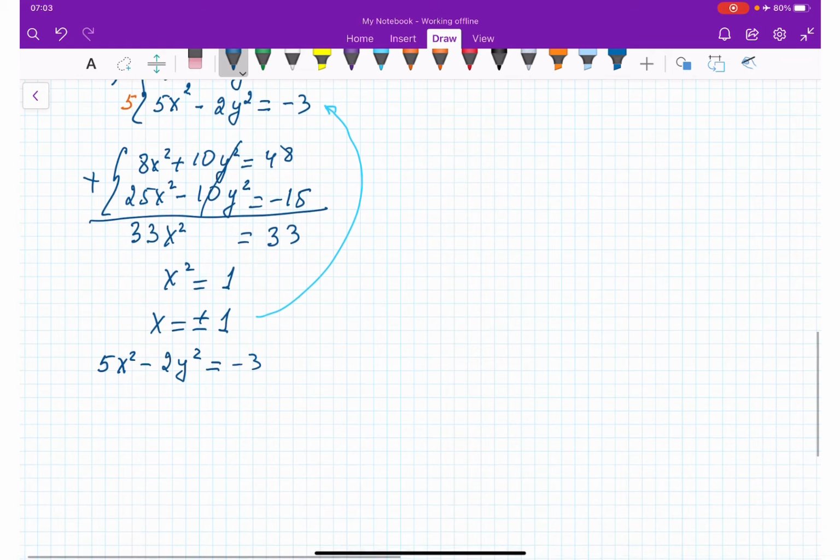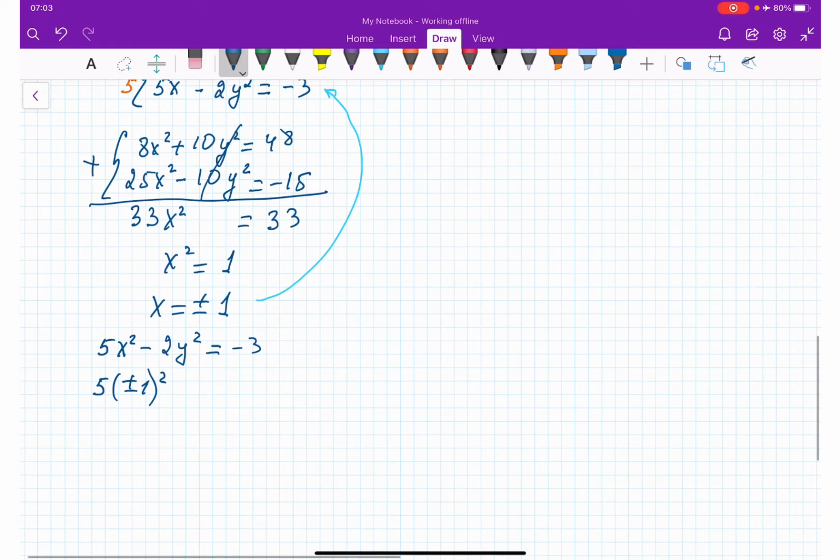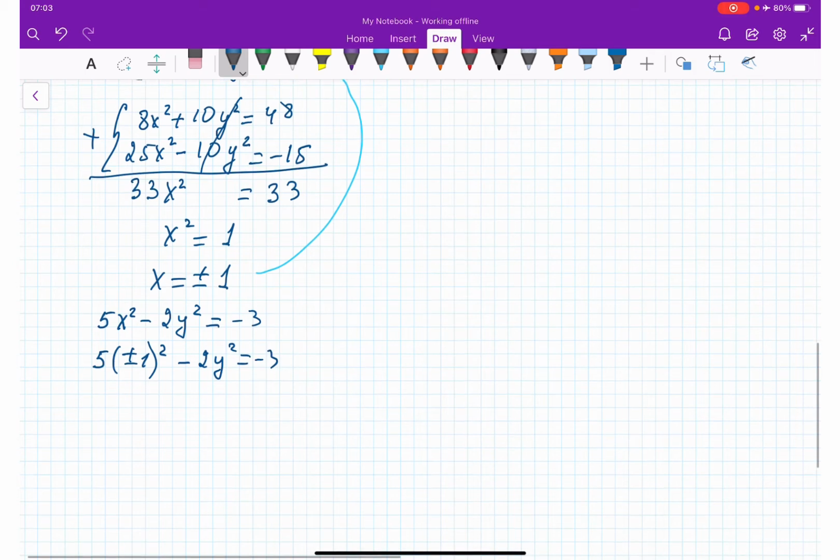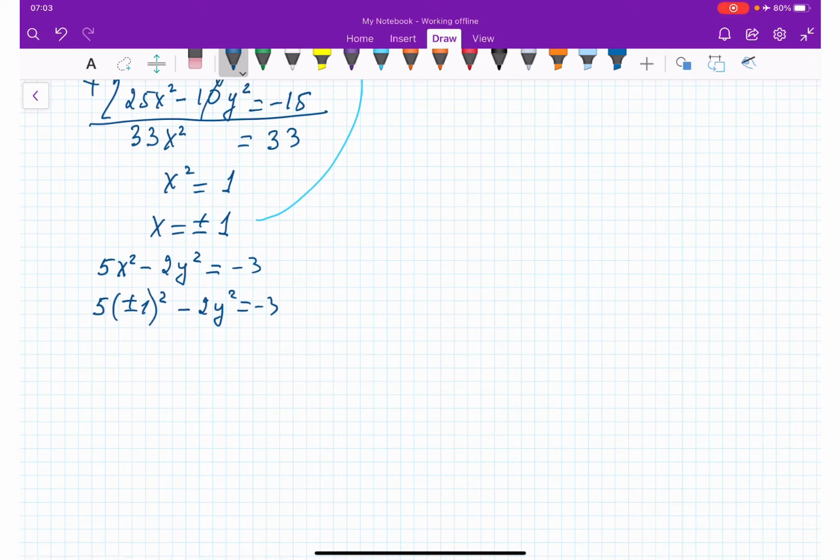So plugging in, since it's squared, plus 1 or minus 1 doesn't matter, right? I will do 5 times plus or minus 1, both at the same time, because it's going to be 1 anyway, minus 2y squared equal negative 3, and that's going to be 5 minus 2y squared equal negative 3.